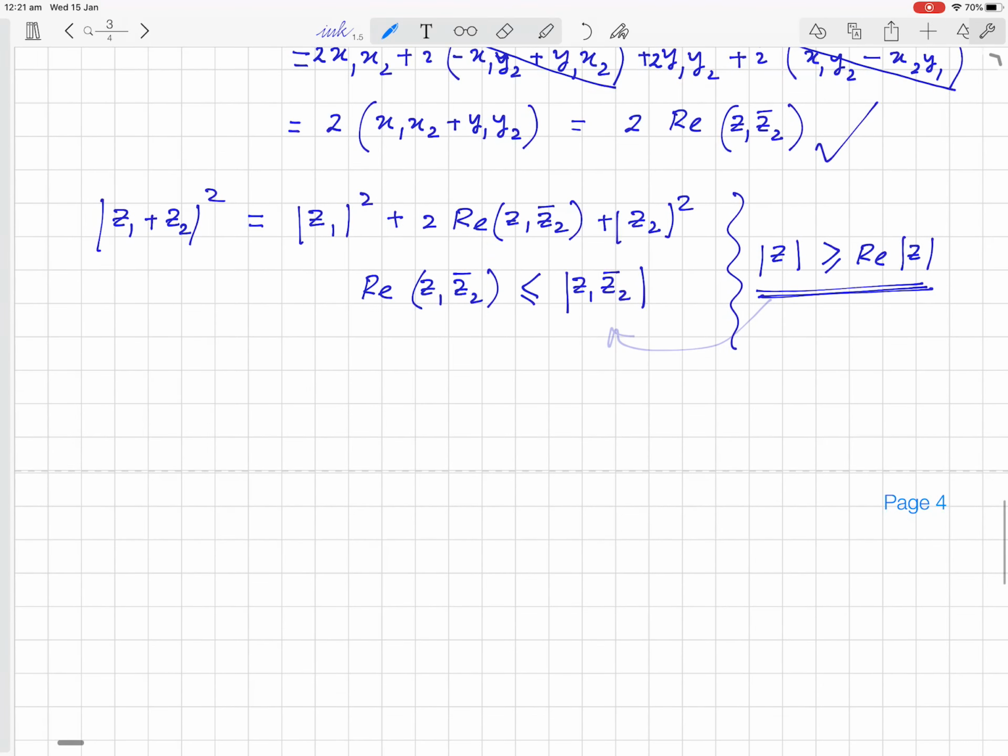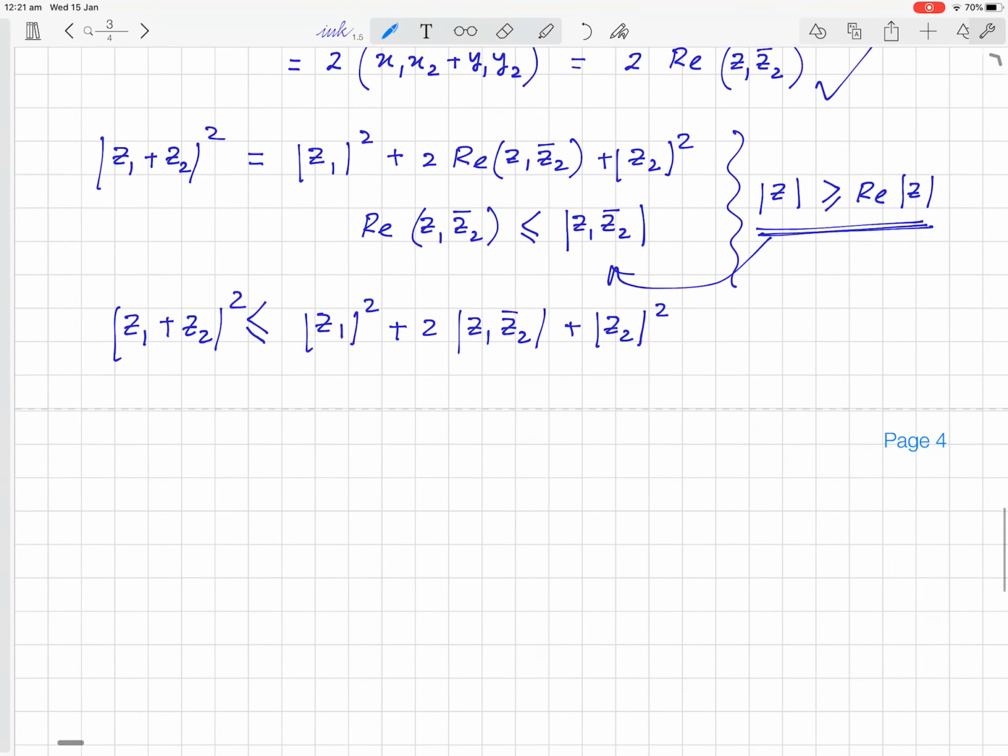Because of that, you can have that less than or equal sign, and then you can replace it with |z1 z2 bar|. So |z1| squared plus 2|z1 z2 bar| plus |z2| squared, and you have |z1 + z2| squared here.